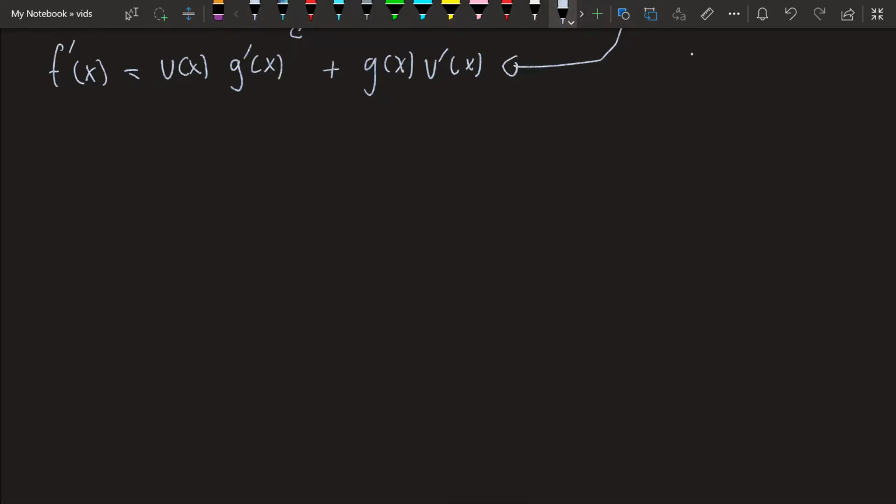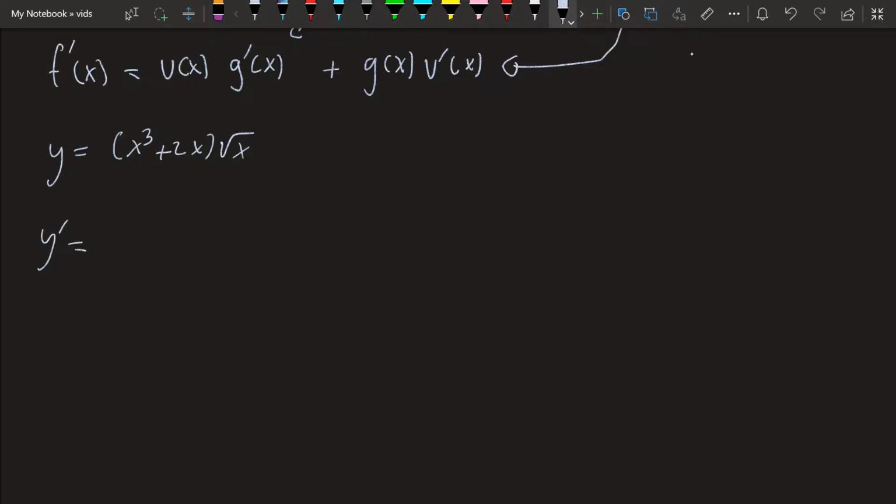Okay, so let me give you an example from the book. Example 1, page 50. y is equal to x cubed plus 2x multiplied by radical x. They're telling you find the derivative of y, find y prime.